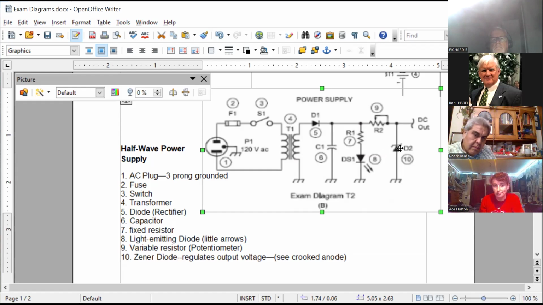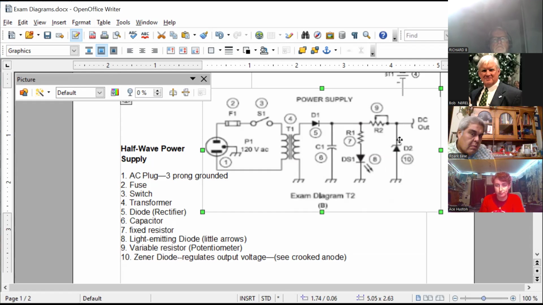This is called a Zener diode. It comes in various voltage configurations. There are some that are set for 5 volts, others for 12 or 14 volts, and others for 24 volts. It doesn't do anything unless the voltage exceeds its rating.